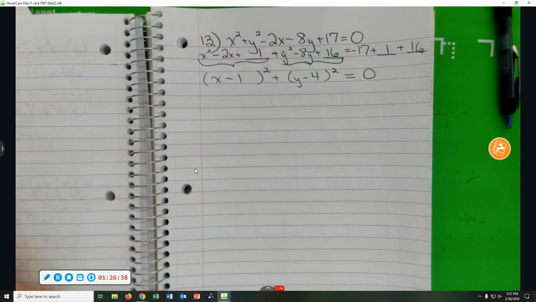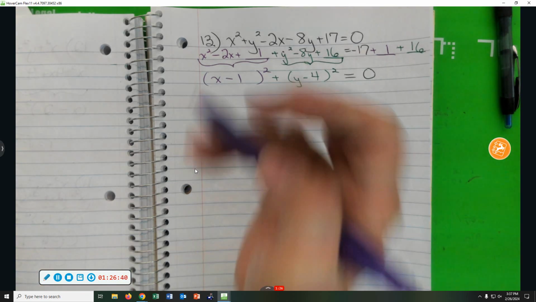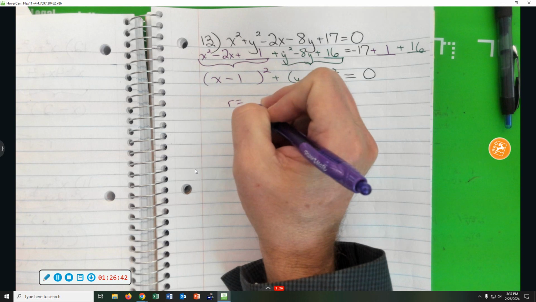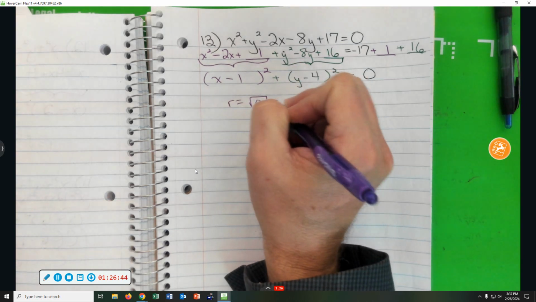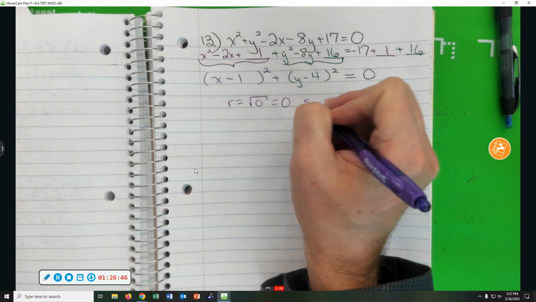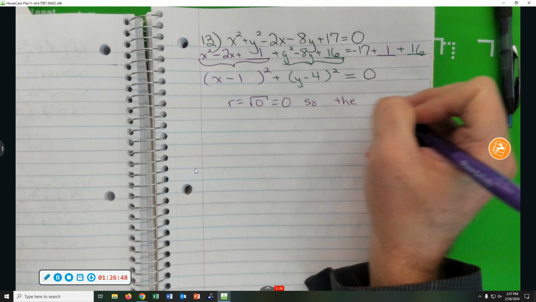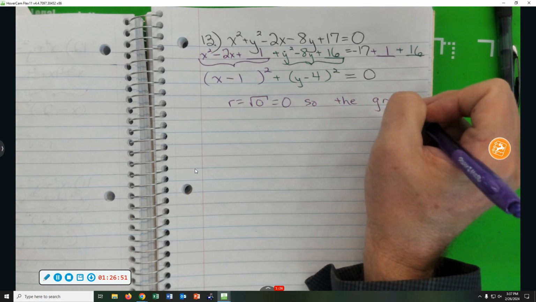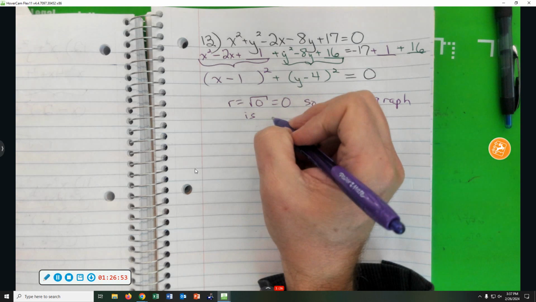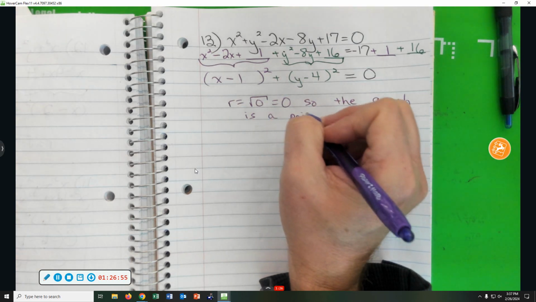So the graph is a point. If you try to find the radius, you get a 0. So the graph is a point.